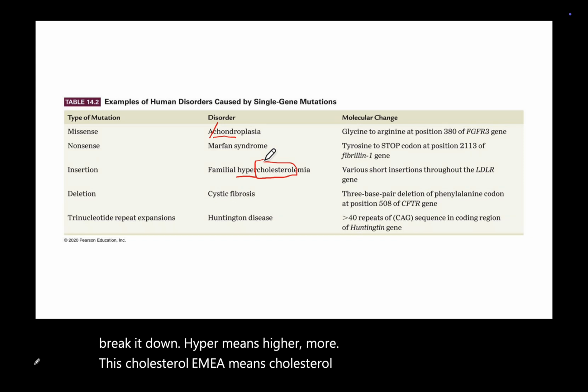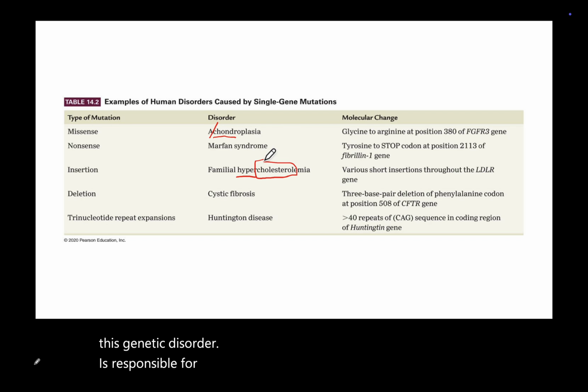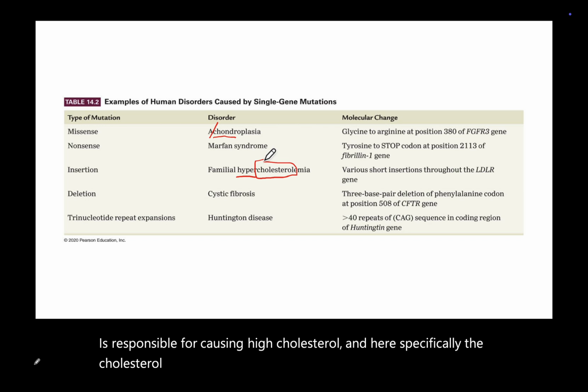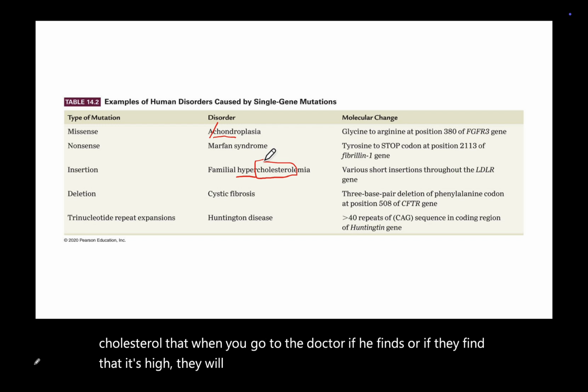So as you can imagine, this genetic disorder is responsible for causing high cholesterol, and here specifically LDL cholesterol. LDL cholesterol is the bad cholesterol. It is the cholesterol that, when you go to the doctor, if they find that it's high, they will say, oh, reduce the amount of fat that you are eating, okay?